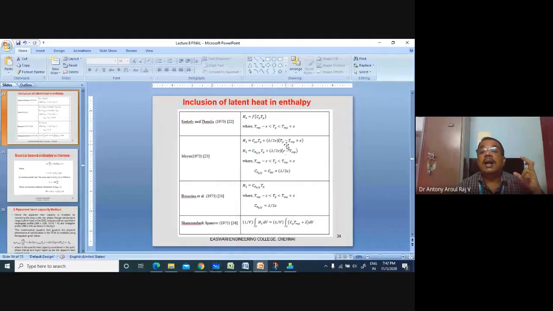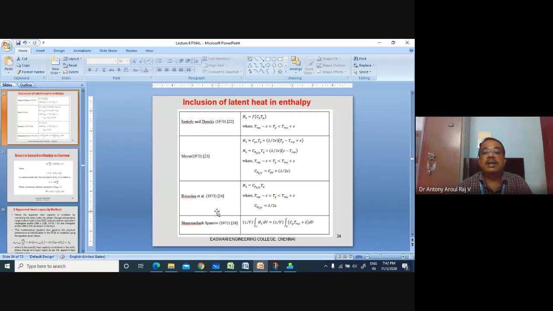Tp minus Tm, both are the same, 31 minus 31, plus epsilon, which is 1, divided by 2 epsilon. So epsilon and epsilon cancel, and it is half. If the temperature is 31, it is half only. That is how this formula is satisfied. So it is H equal to Cps into Tp plus the liquid fraction multiplied by latent heat. Here also it is the same.